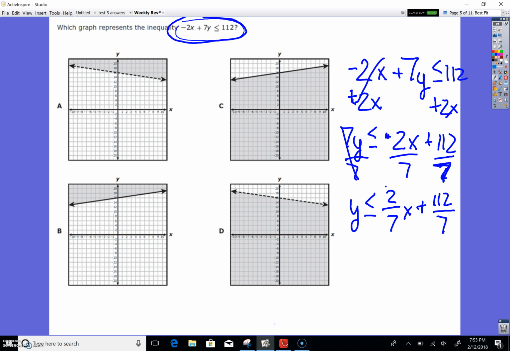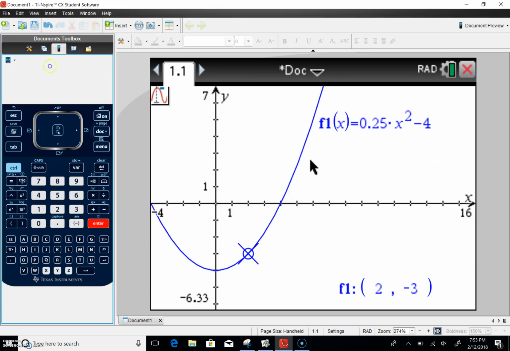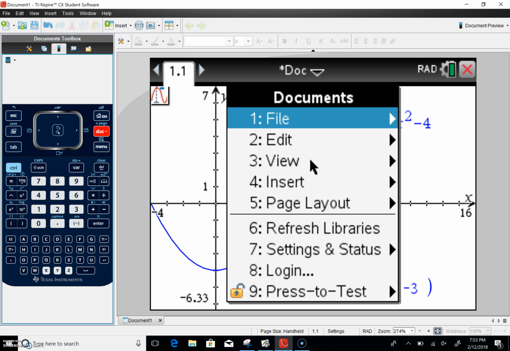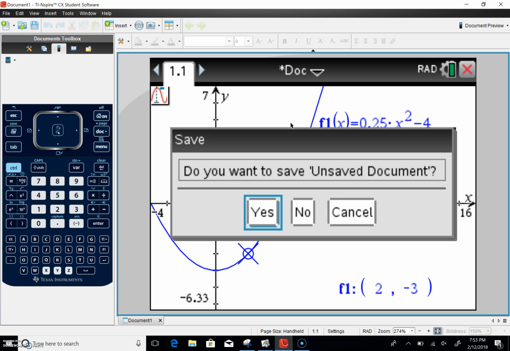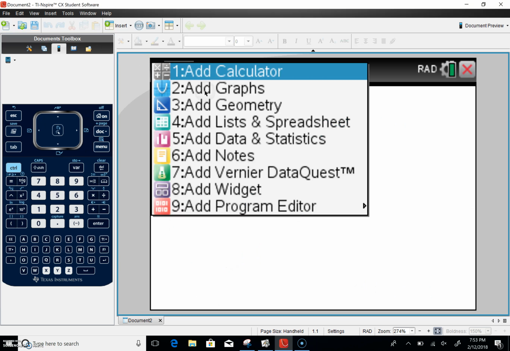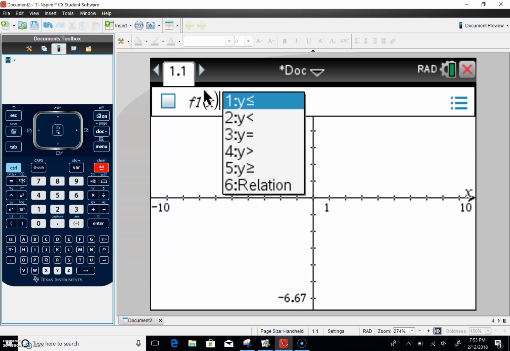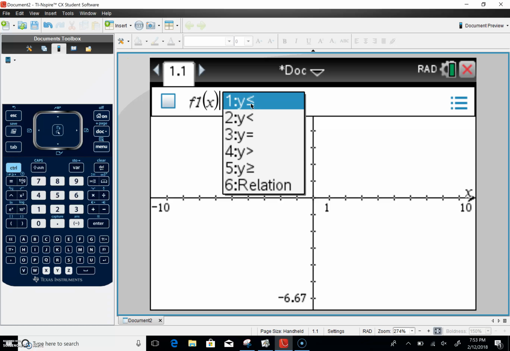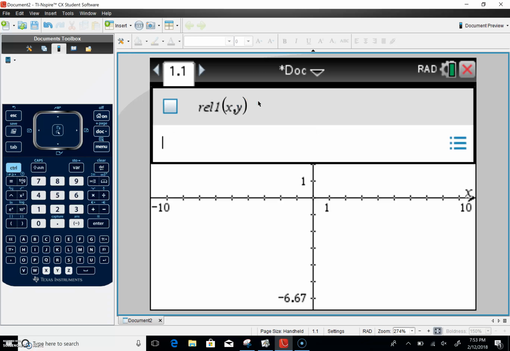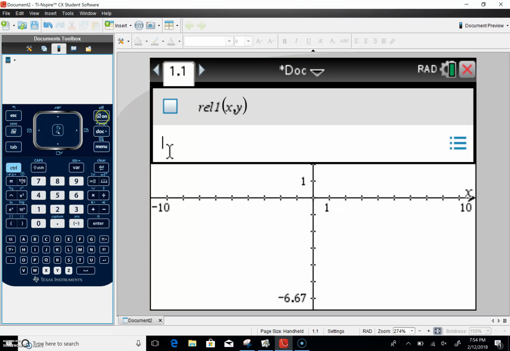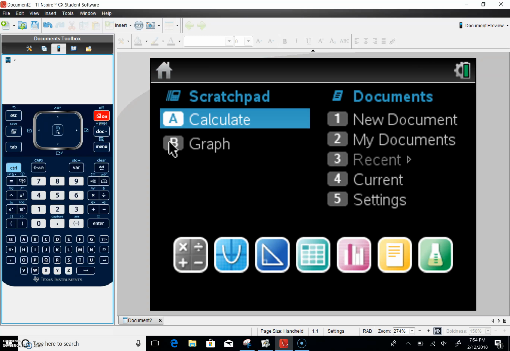Okay, so, all right, new question. Let's just try doing a new document. Add graph. Okay, remember, we press delete to get... Let's try that again.